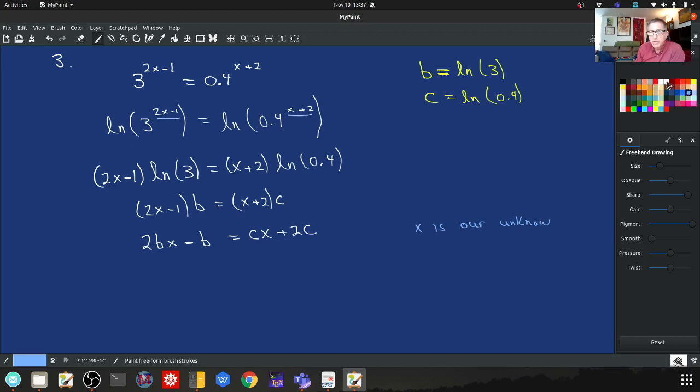So I want to move all of the x terms to one side. Any term that has an x gets moved to the same side. And then these two terms here have a common factor of x. So I take out that common factor. And on the assumption that 2b minus c is not equal to 0, I can divide both sides by 2b minus c.